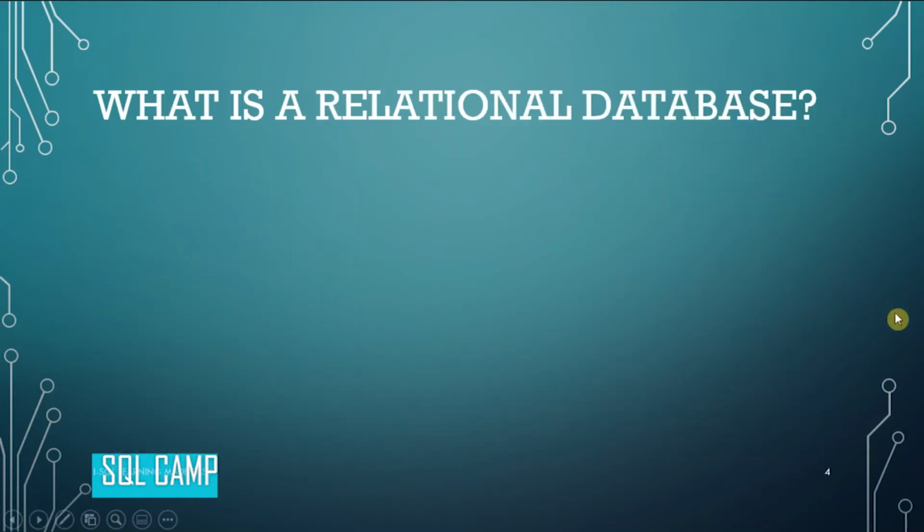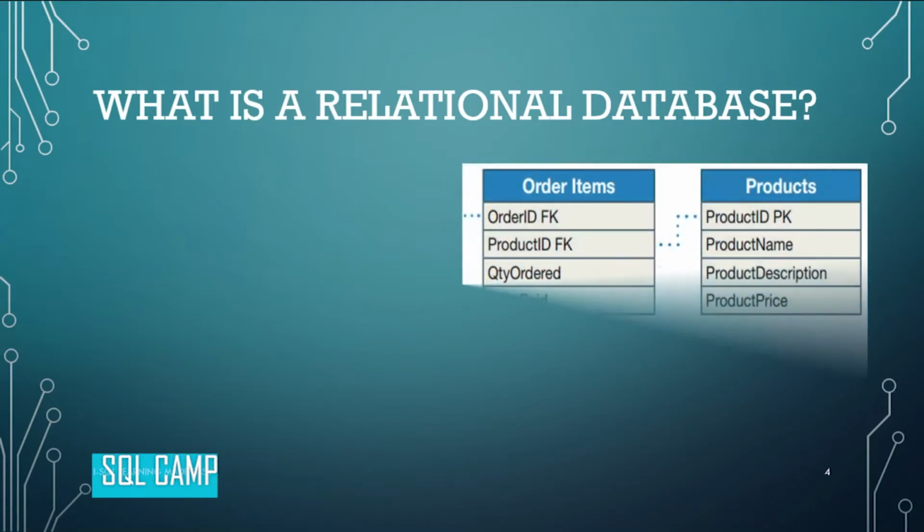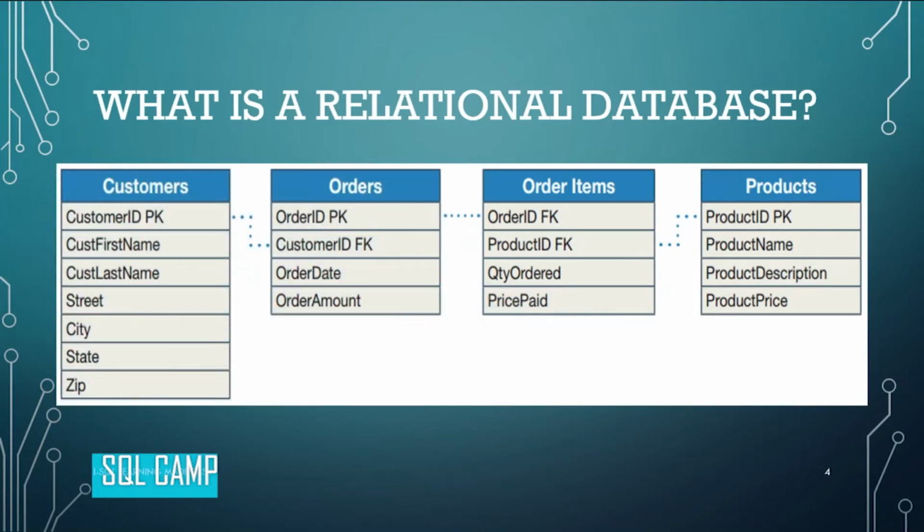Okay, and next we will be talking about relational databases, or a relational database. Pretty much what that is, as you know, one database will have multiple tables in it, and we will take this example here.